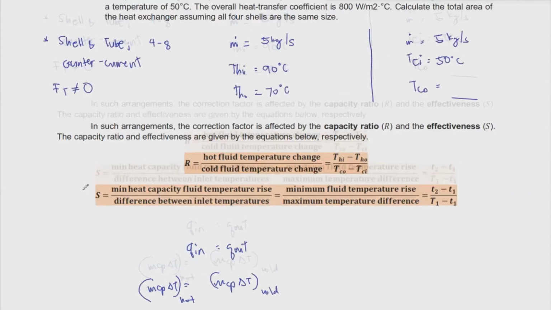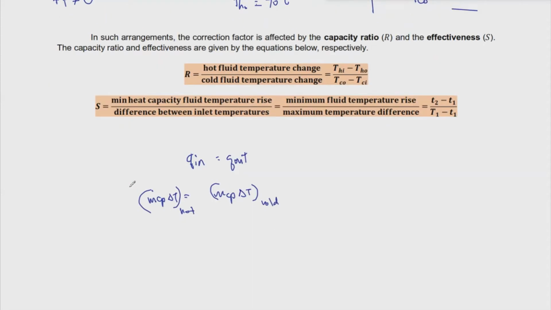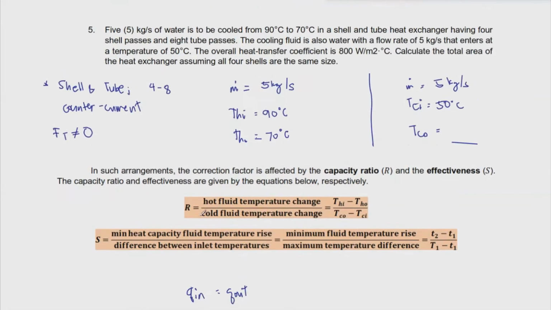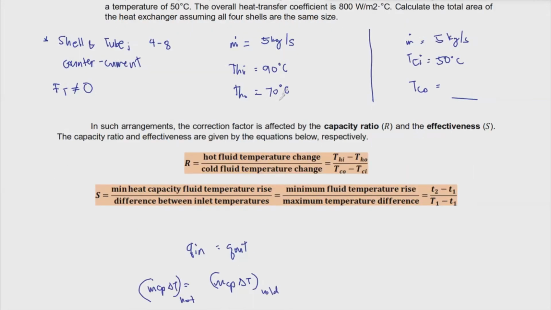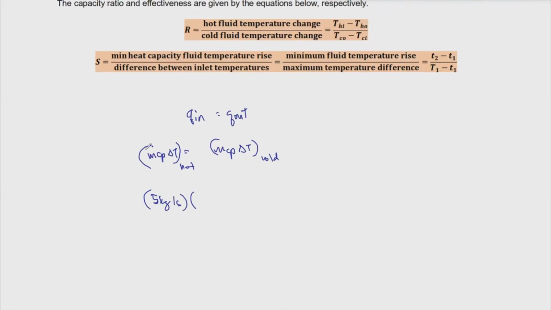And we know very well that for our hot fluid, we have 5 kilograms per second. And then the specific heat capacity is obtained in between the average temperature of 90 and 70. So the average specific heat capacity, I've already pre-computed for that.